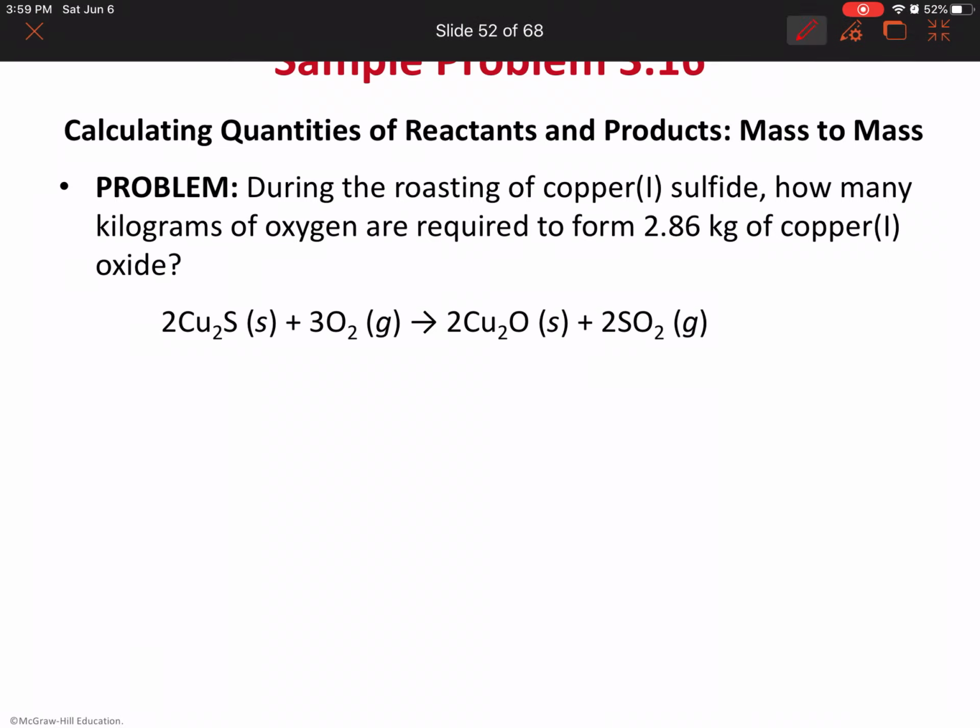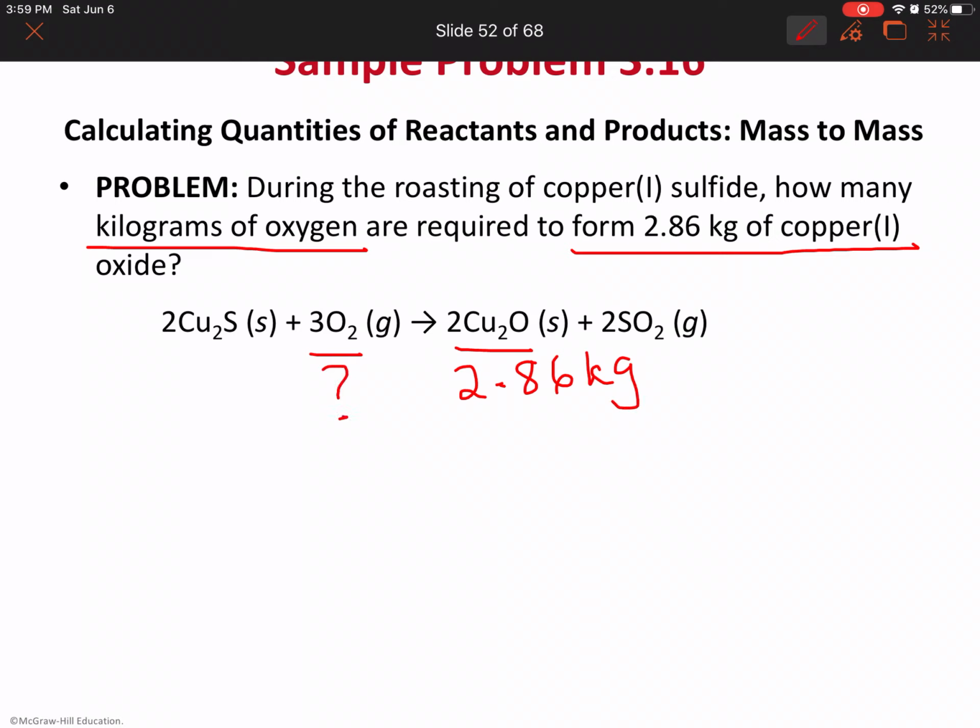So now we are looking at copper 1 oxide and oxygen. These are the 2 things that we're going to look at. We are given 2.86 kilogram copper 1 oxide, and we need to find out how many kilograms of oxygen.